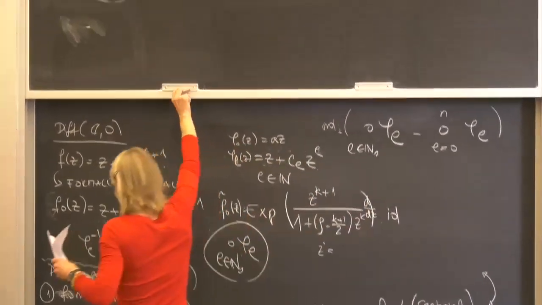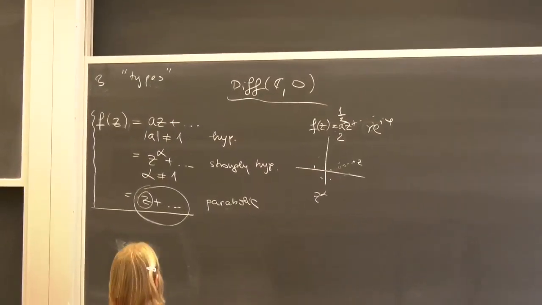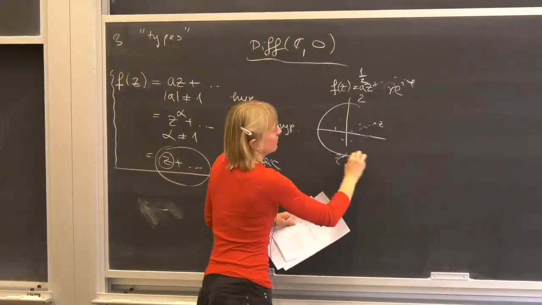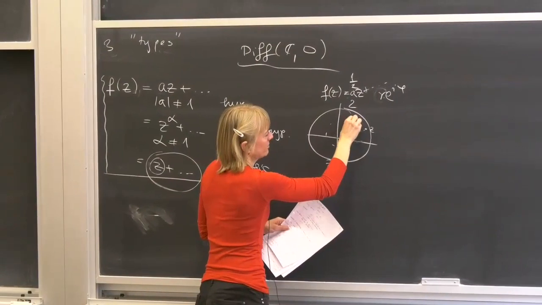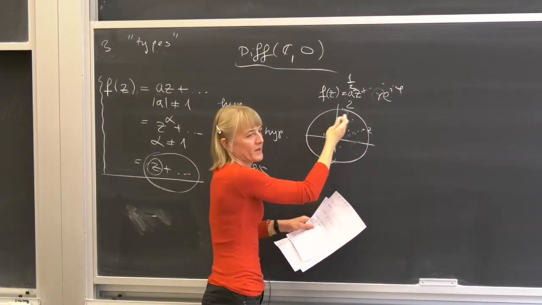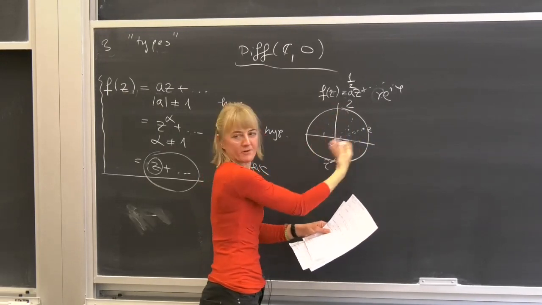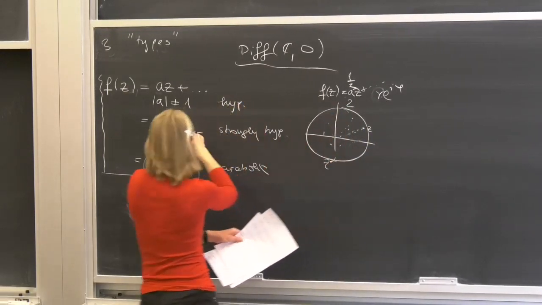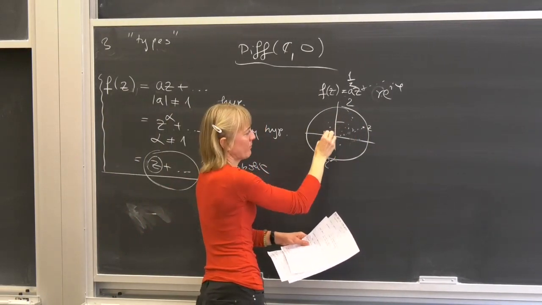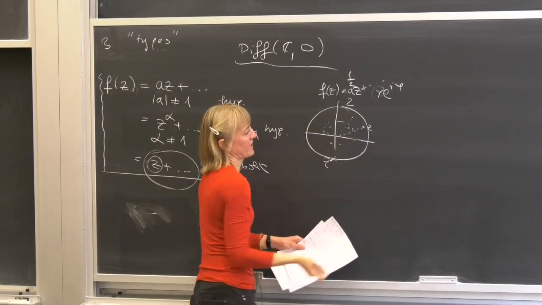So germs like this, on a circle around 0, have everything attracting. So we have, let's say, one attracting sector that is everything. Also, these hyperbolic germs display dynamics like this. At any point they are attractive.